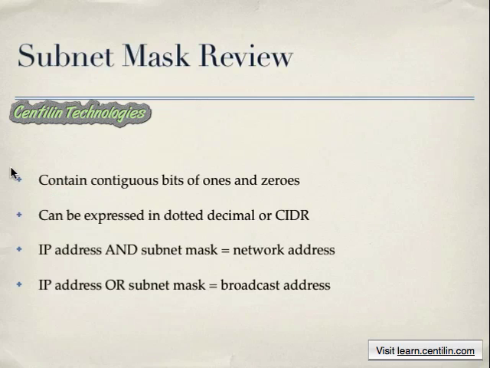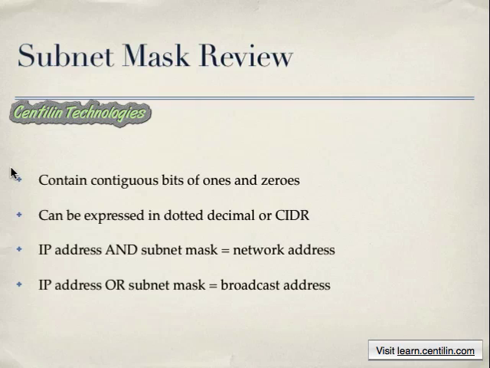Now, in the previous lesson, we discussed that a contiguous subnet mask has a continuous number of ones followed by a continuous number of zeros, and they can be expressed either in dotted decimal or CIDR format, with CIDR being more efficient.